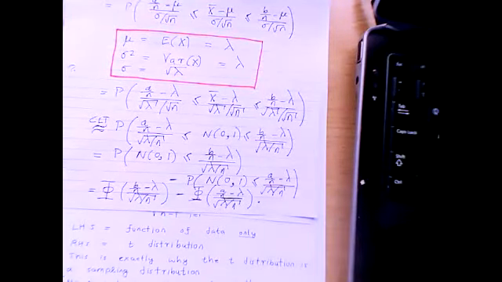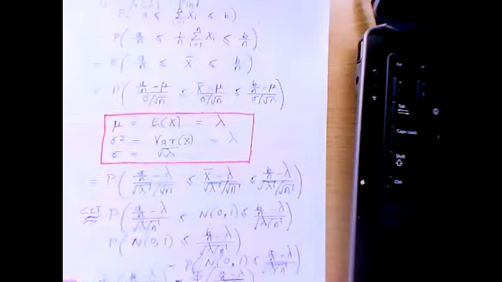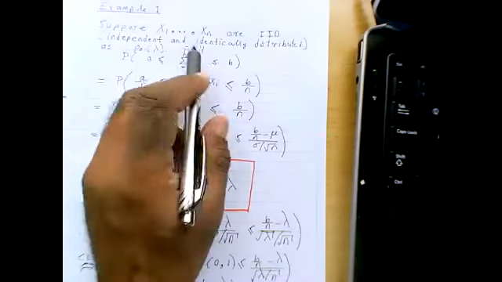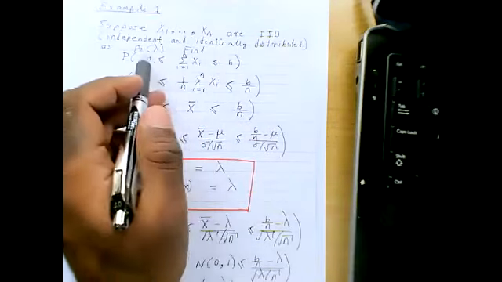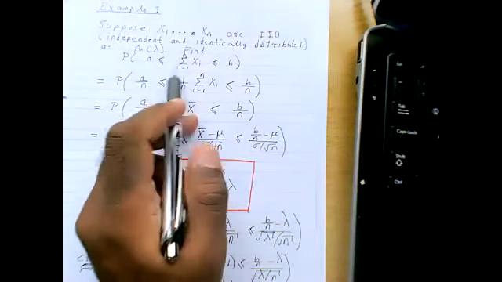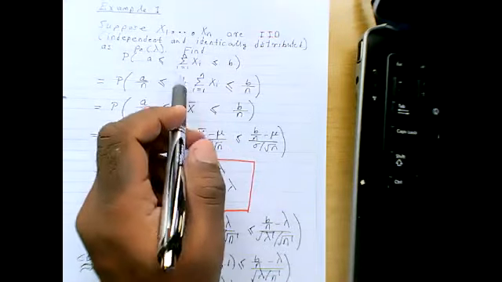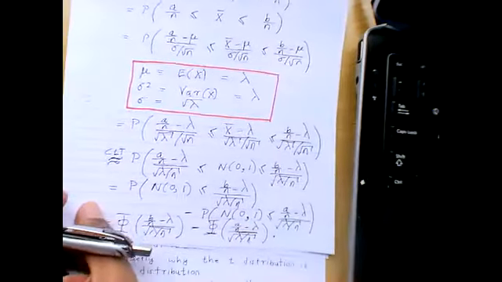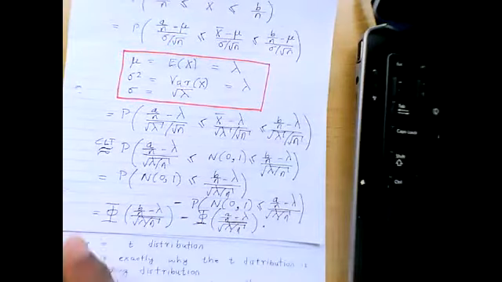Are you guys okay with this or no? So what I have done in this example is, when you have a sequence of IID Poisson random variables with parameter lambda, I have shown you how to use the central limit theorem to find the probability.